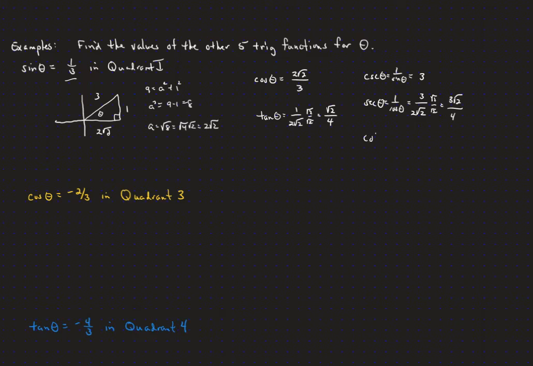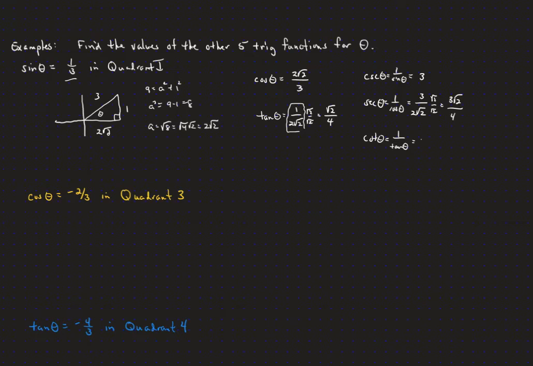The cotangent of theta, I think it's easiest to think of that as the reciprocal of tangent theta. Since tangent theta is square root of 2 over 4, I'm going to go back to it before we rationalized it. So I'm going to look at tangent theta as being 1 over 2 square root of 2.